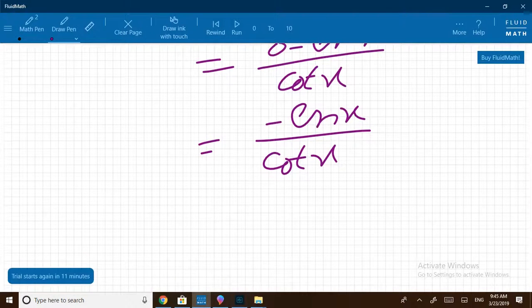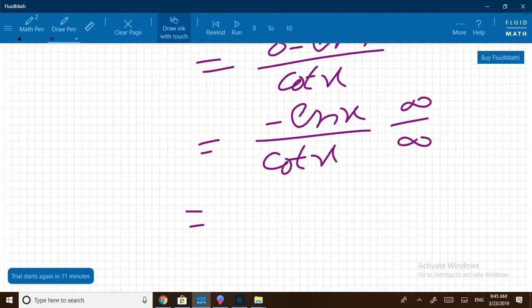If we put the limit x approaches to 0, then this is natural log of 0, which is infinity, divided by infinity form.